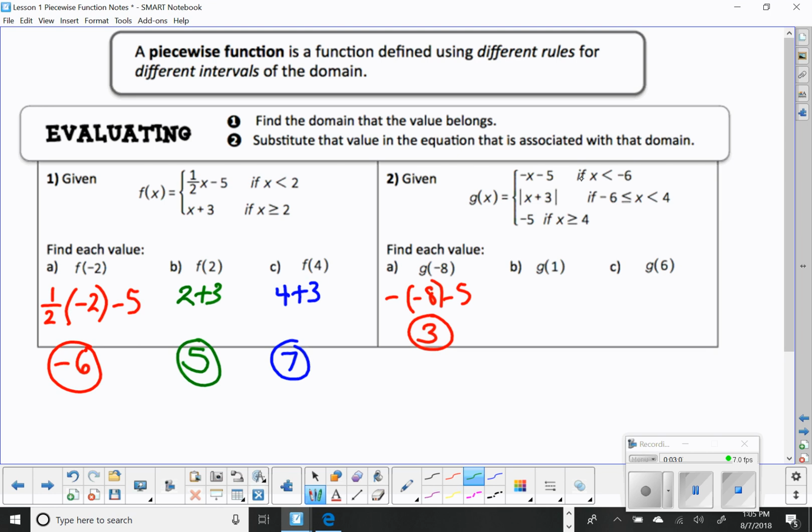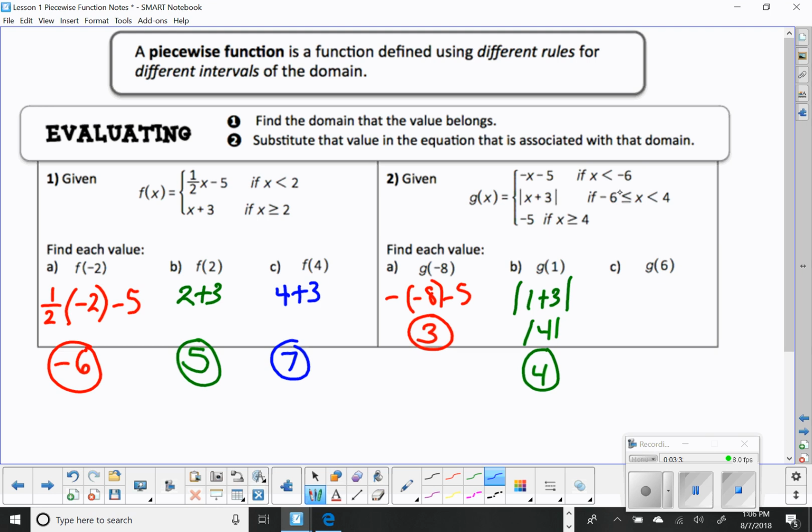G of 1. Is 1 less than negative 6? No. Is it greater than or equal to negative 6 and less than 4? Yes. So I'm going to use this middle piece. So I have the absolute value of 1 plus 3. That's the absolute value of 4, which is 4. G of 6. Is 6 less than negative 6?